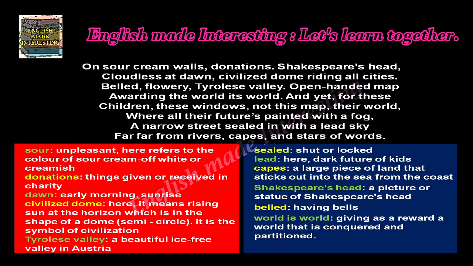The pictures of domes of big cities represent the quality of life in those cities. The early morning sky is shown as cloudless in another picture. There is also a picture of the beautiful Tyrolese valley, a region in the Austrian Alpine province, adorned with flowers.